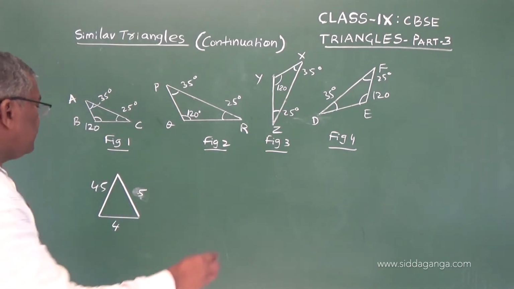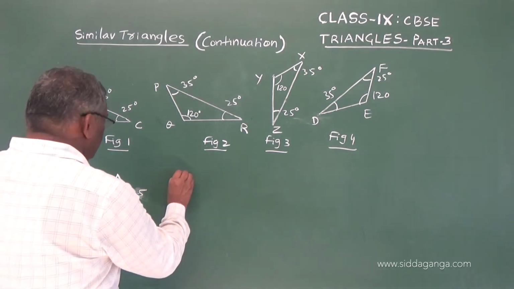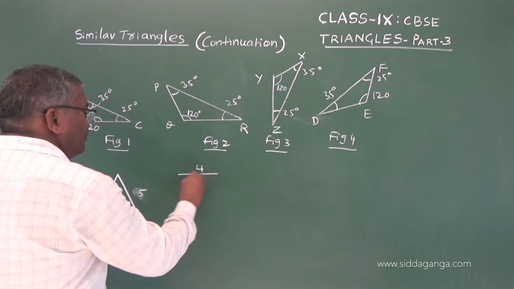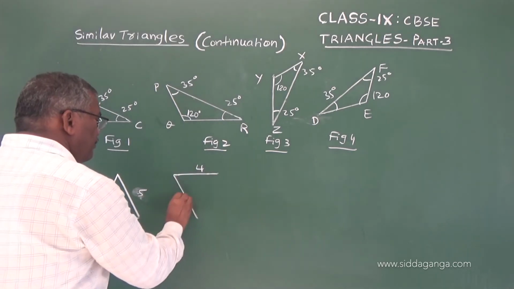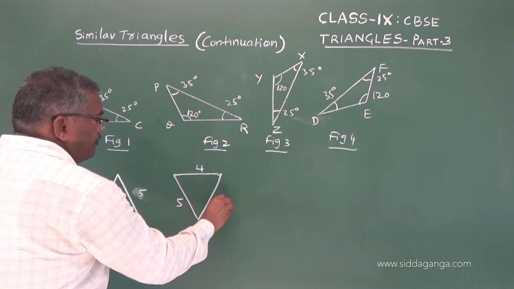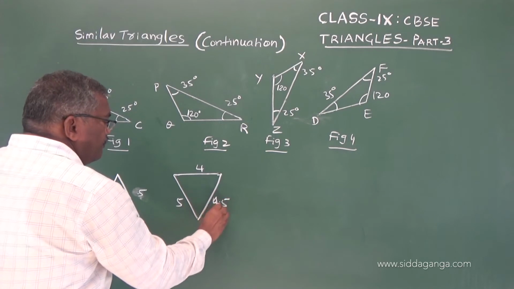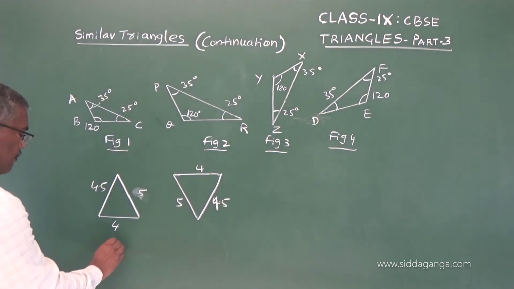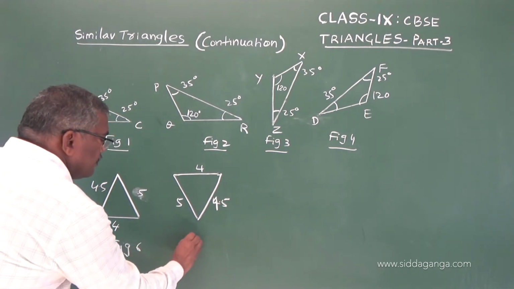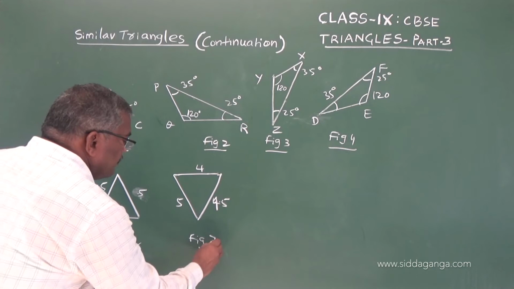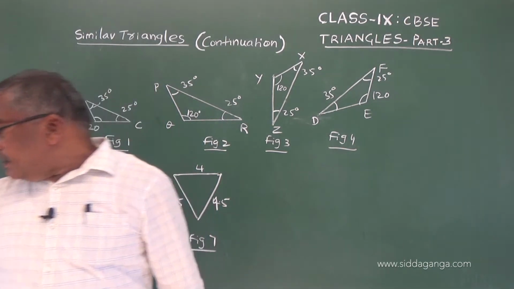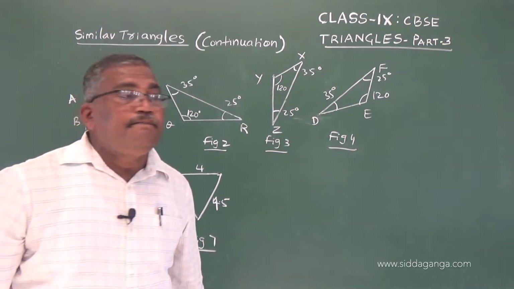Now the same triangle, if I write in this fashion, say this is 4, this is 5 and this is 4.5. I will call this figure 6, and figure 7.